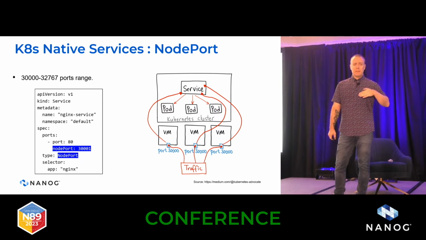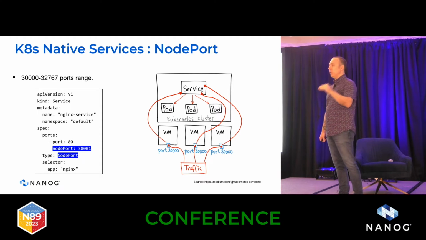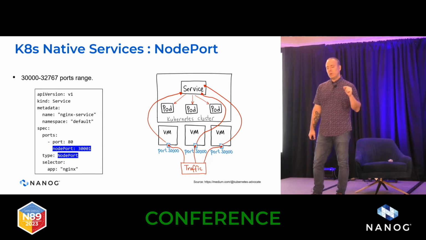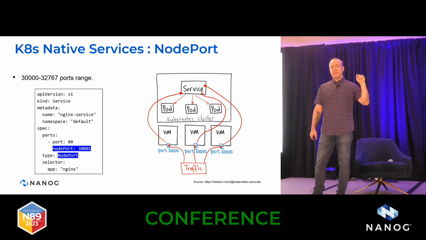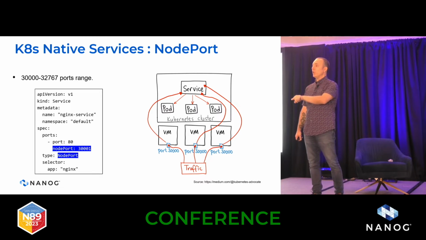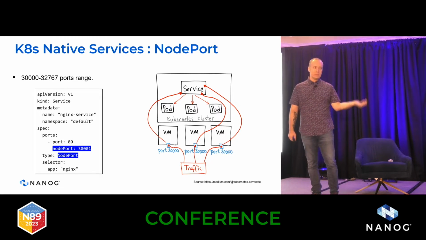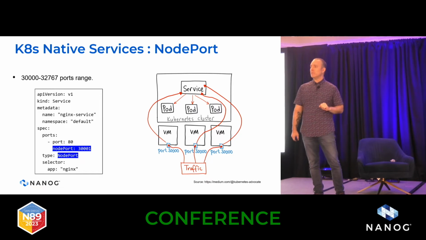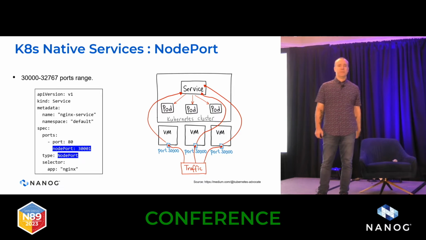The way you expose that is you present it on any of the ports over 30,000 in all the servers. And in all the servers, it's going to be the same port. That way, if I need to set up anything in my external load balancer, I can just go to that specific port. Then you can let the cluster define the port, or you can specify the port inside your configuration when you define the service.